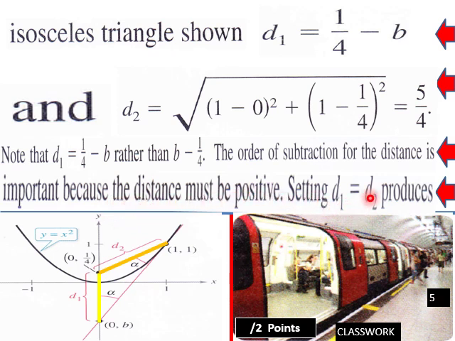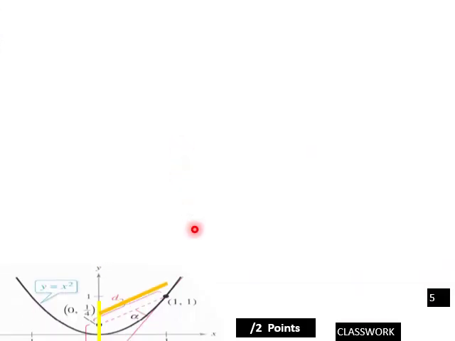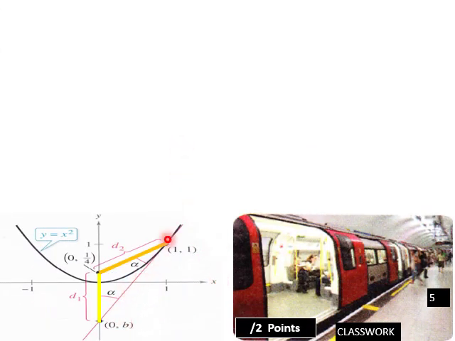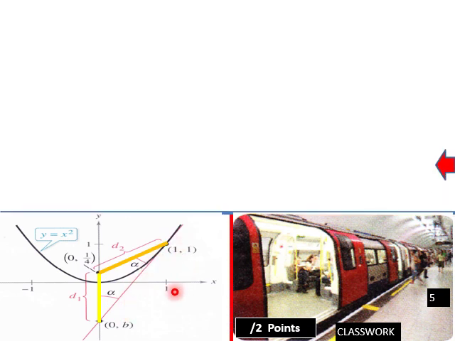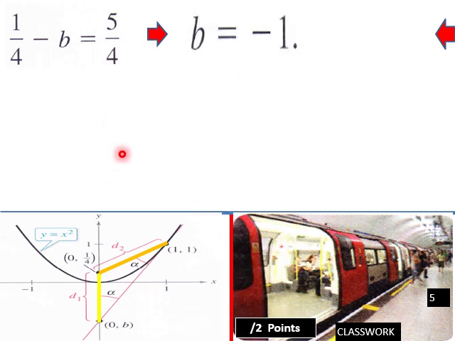Setting d1 equals d2, we know this is an isosceles triangle, where we have two sides that are equal. So we're still trying to find the length of that side. To find that length, 1/4 minus b equals 5/4, we did that one, and then b equals -1. We know this is -1 here.